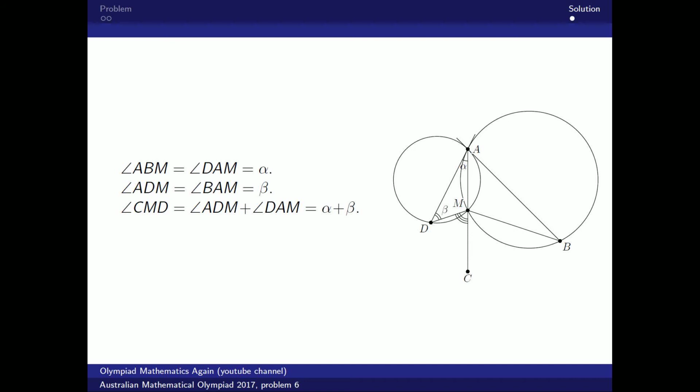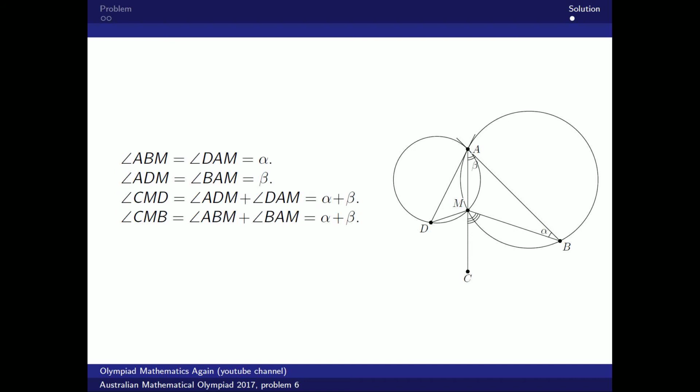Now we calculate in a similar manner the angle CMB. It is an external angle in the triangle ABM, and it is also equal to the sum of these two angles ABM and BAM, which is also alpha plus beta.